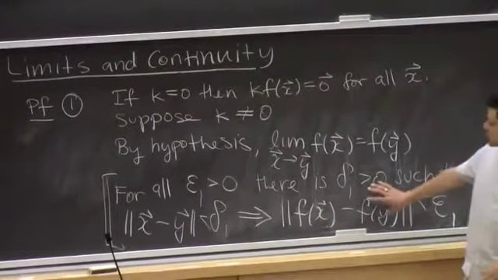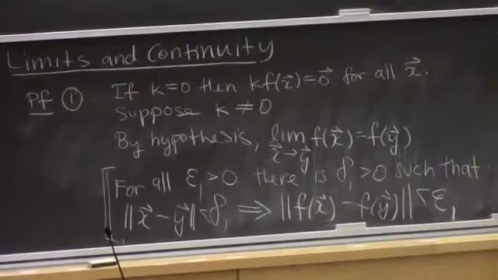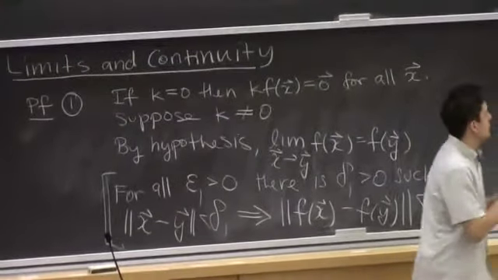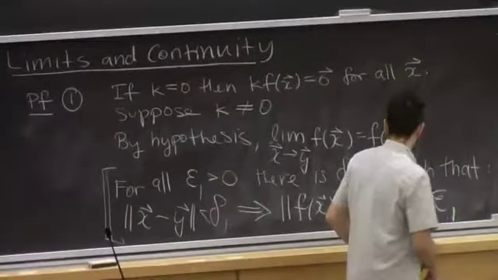So we put that into our hypothesis. We ask it for epsilon 1, it gives us delta 1, and we'll use that. Let's see what that gives us.